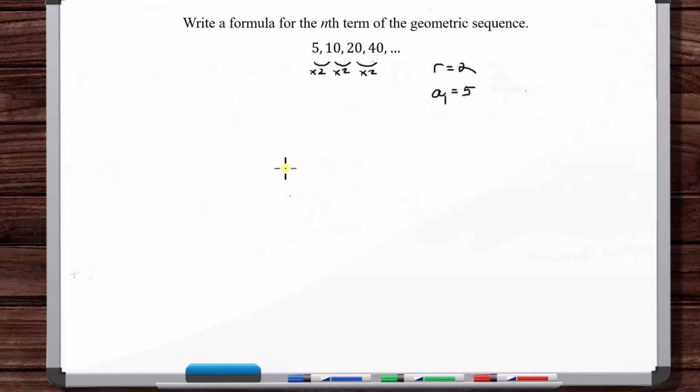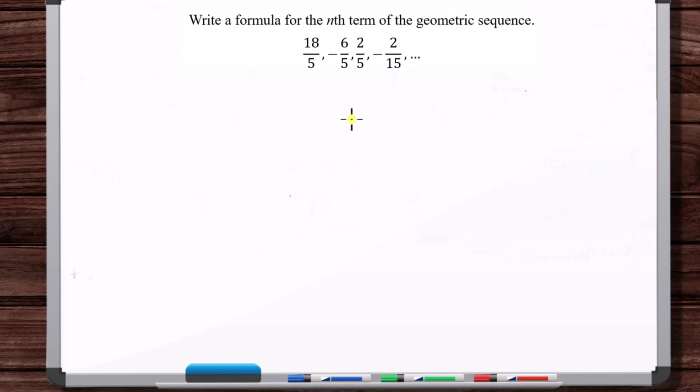Using the general a sub n formula for the geometric sequence, put your a sub 1, and now do r to the n minus 1. And that's it. There's your a sub n.